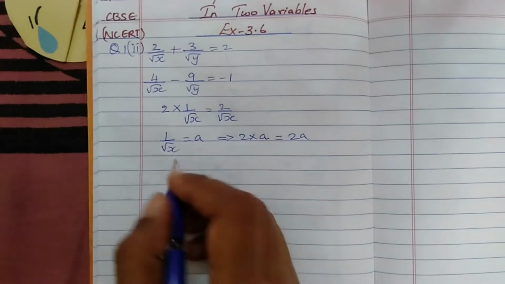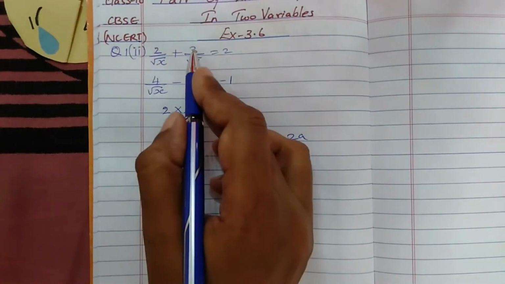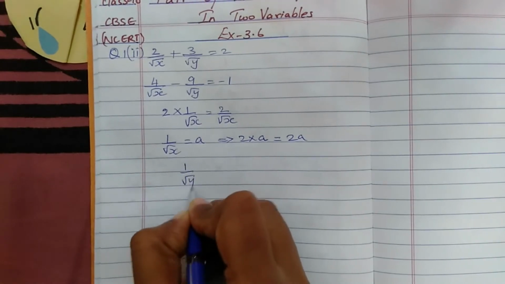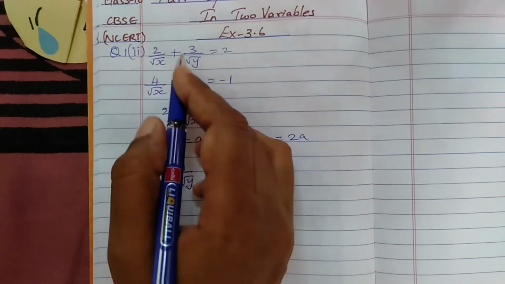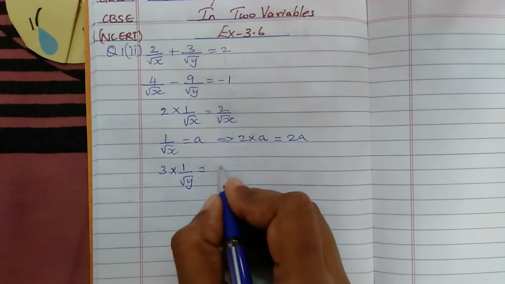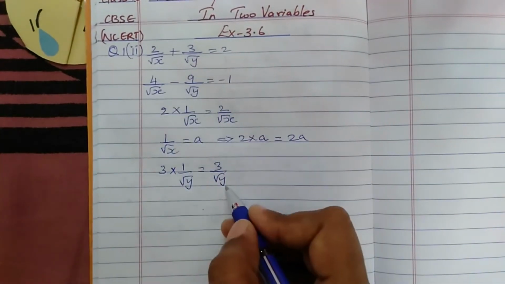Same way, let's do the second term. So you have 3 by root y. Now you want 1 by root y for giving a value. Then what is remaining in the numerator is 3, so multiplied by 3. Now what will you get? 3 by root y. You got the same term here.